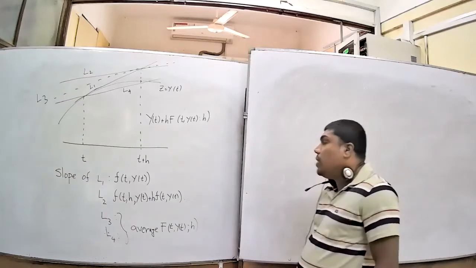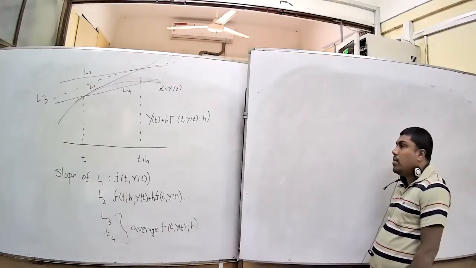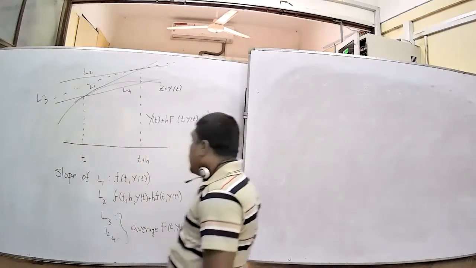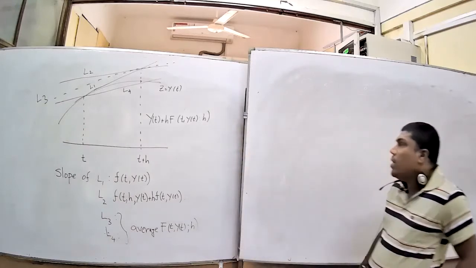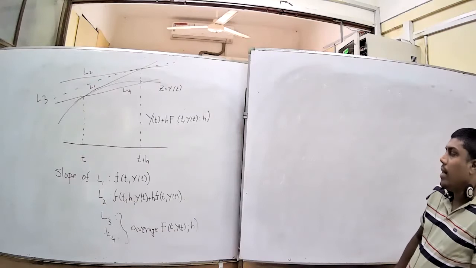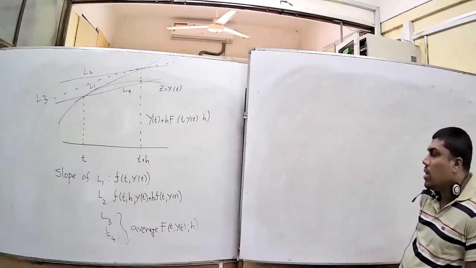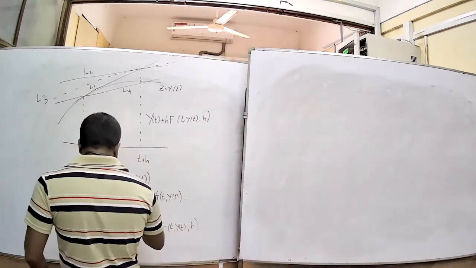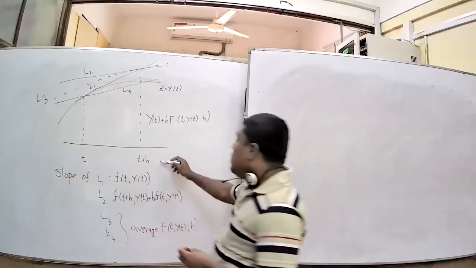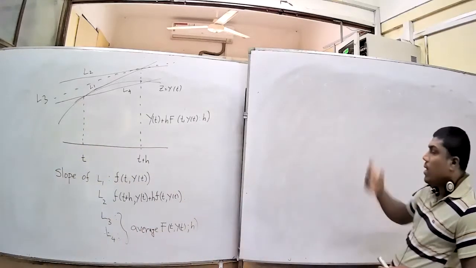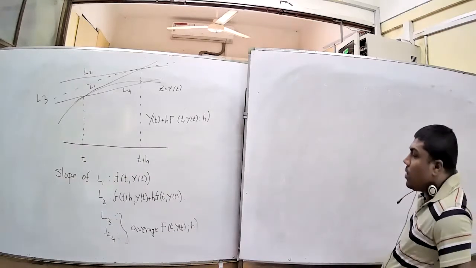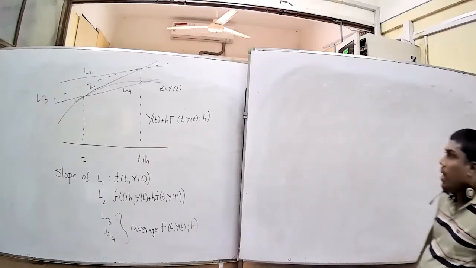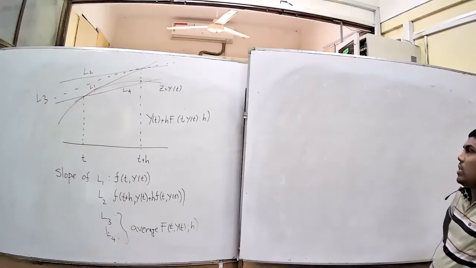Then by using that we can interpret this graphically. Basically you have a slope L1 at y of t, and obviously that is y prime, so that is f of t comma y. Then you go to t plus h, sorry, it has to be t plus h. You take that point, evaluate f of this and this, and that gives you the other slope, and then L3 and L4 are basically the averages of those slopes.